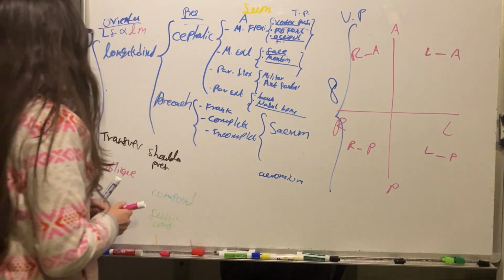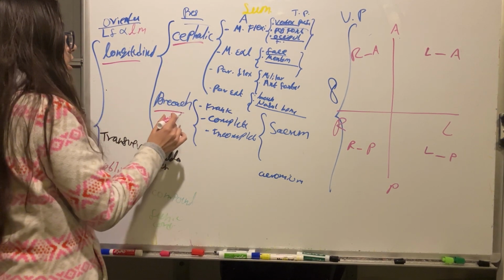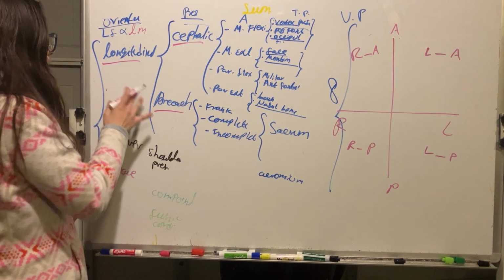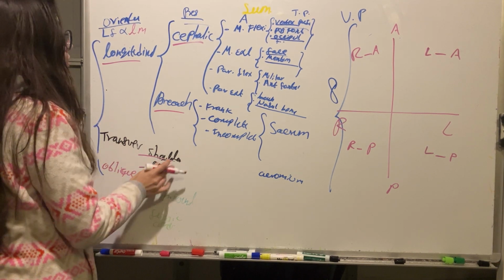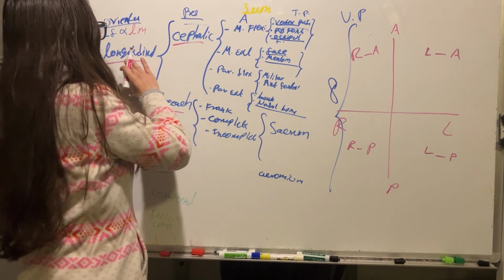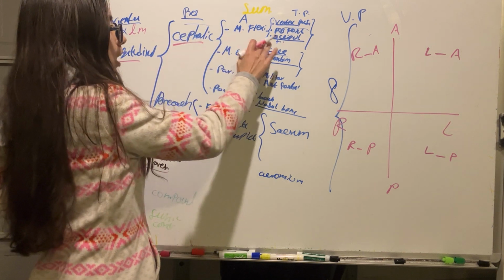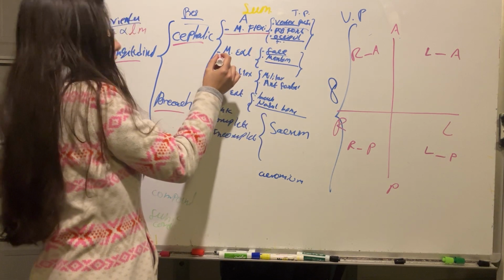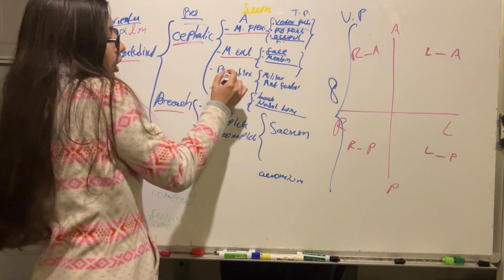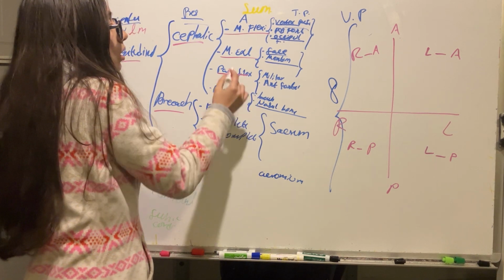So for longitudinal orientation, we have cephalic and breech presentation. For transverse orientation, we have the shoulder presentation. Longitudinal orientation, breech, cephalic presentation, we have attitude of maximal flexed neck, maximally extended neck, partial flexed neck, partial extended neck.